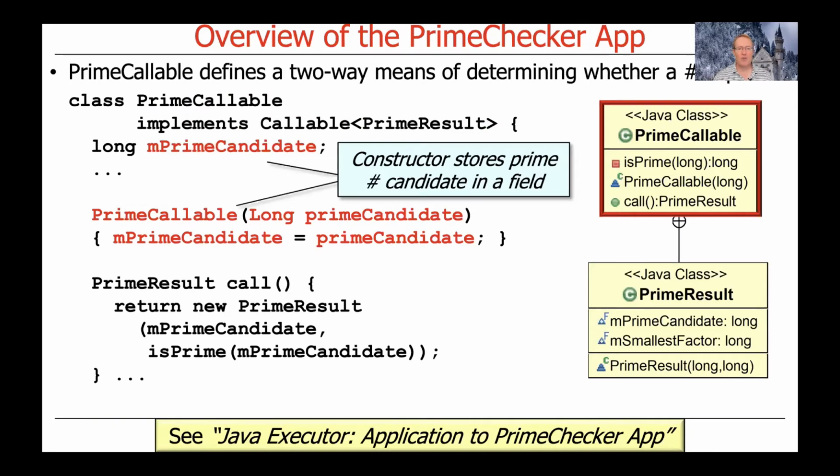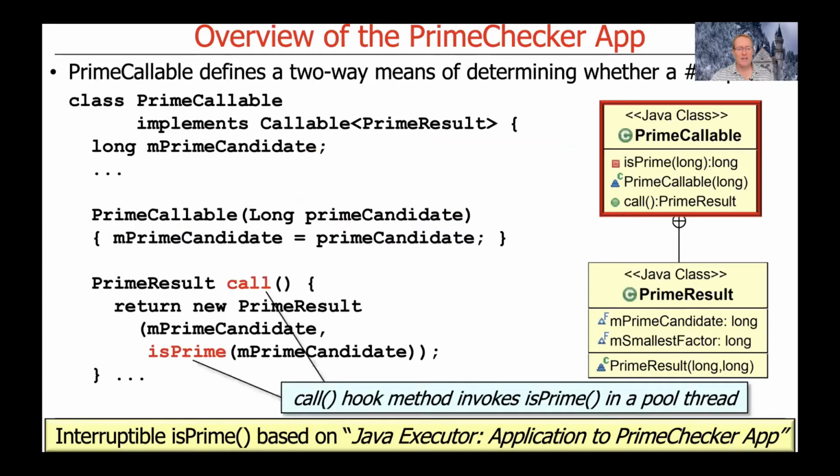The constructor for PrimeCallable stores the prime number candidate in a field. So it just stashes it away to be processed in the background by a thread in the pool of threads. And a thread in the fixed size worker pool will invoke the call method. And as you can see here, the call method is going to call the isPrime method, which we've looked at before, which does that brute force computation to see if a number is prime or not.